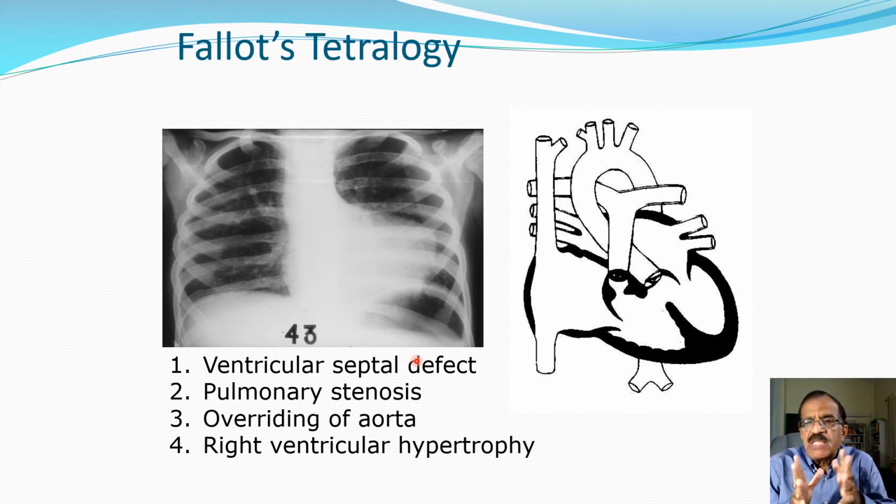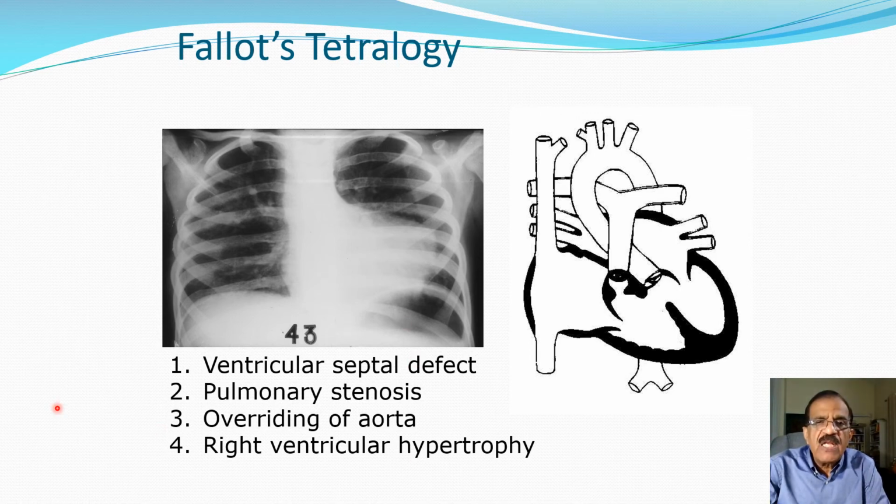And since this consists of muscle, it could vary. Sometimes the pulmonary stenosis may be more, and sometimes it may be less. That is what precipitates the symptoms, and that is what determines the prognosis. If somebody has more pulmonary stenosis, that child is more likely to be symptomatic and have complications.